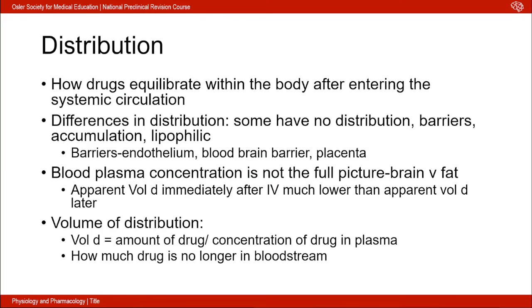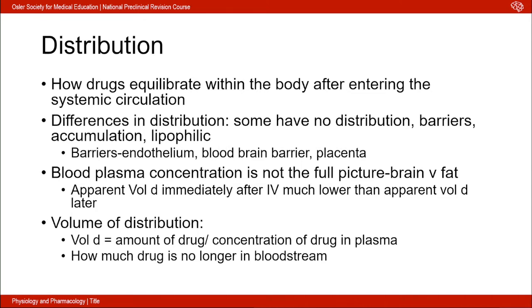An important thing to remember in terms of lipophilic drugs is their partitioning in fat, which means that a greater amount of the drug is accommodated within a lower plasma concentration, which then goes on to affect the volume of its distribution.